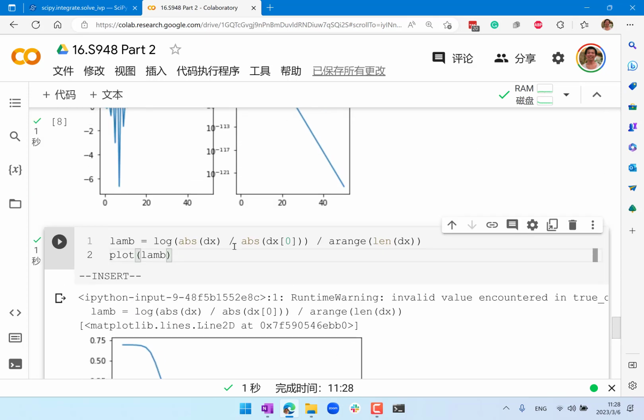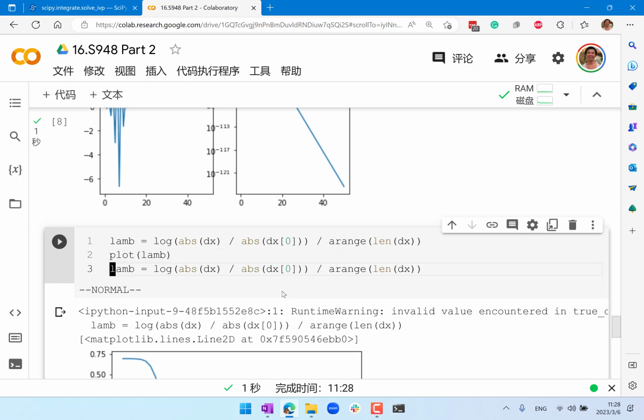But a much better idea is to not start the computation at the beginning, but start from, let's say, the 20th iteration, with an arange of length of dx minus 20.